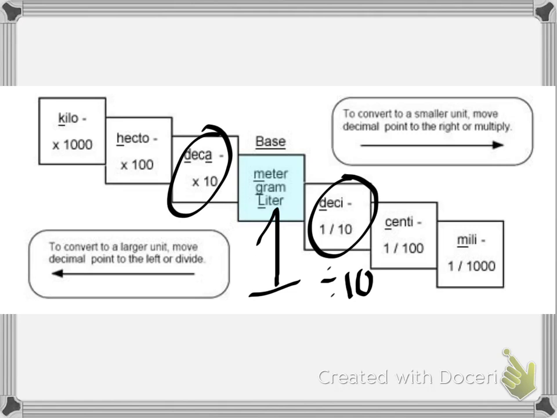Then we're going to have next centa. Centa is like a century, which is 100 years, or 100 cents in a dollar. Then we're going to have milla, which actually means the thousands. A lot of times we think it means million. It actually means 1,000.